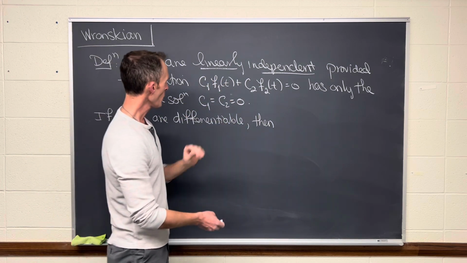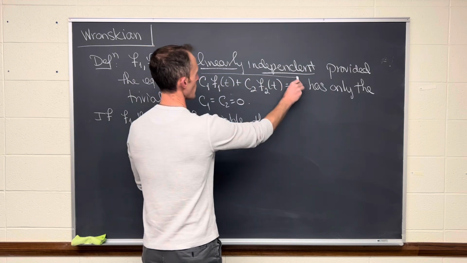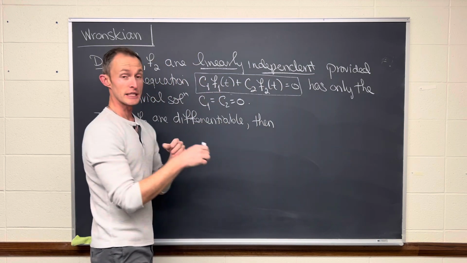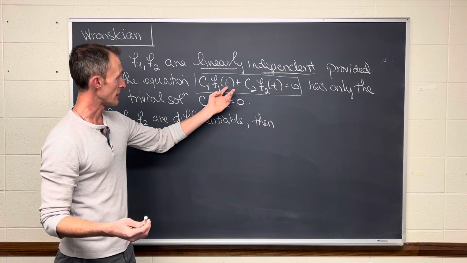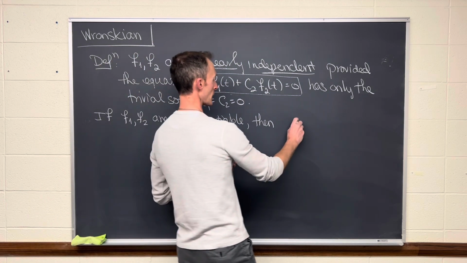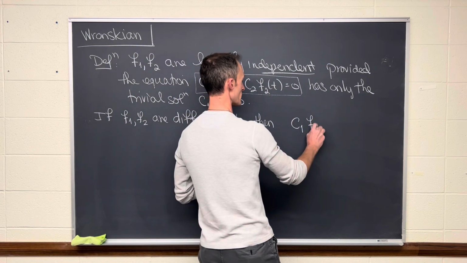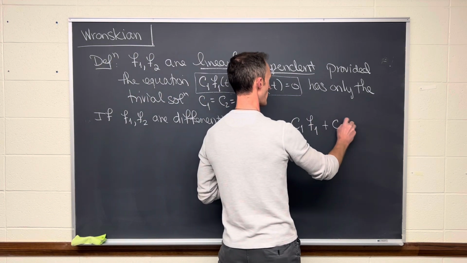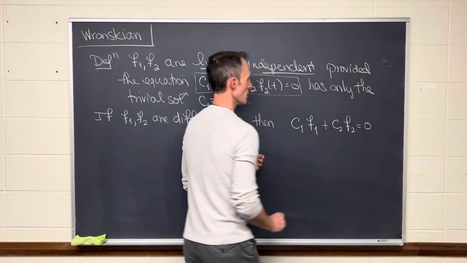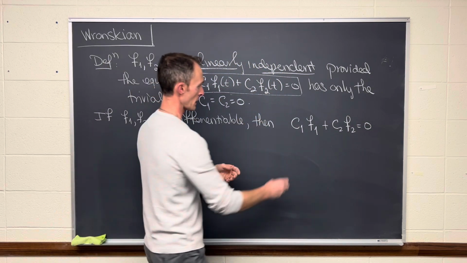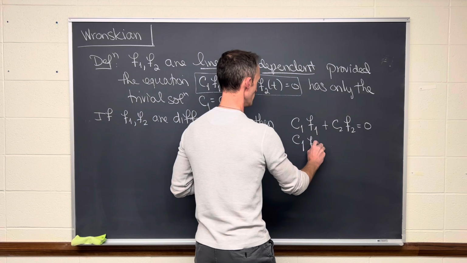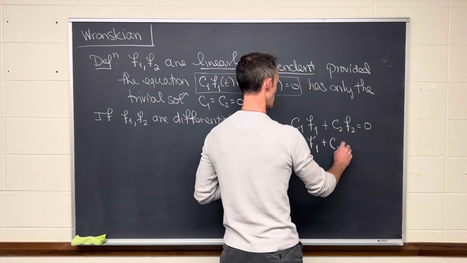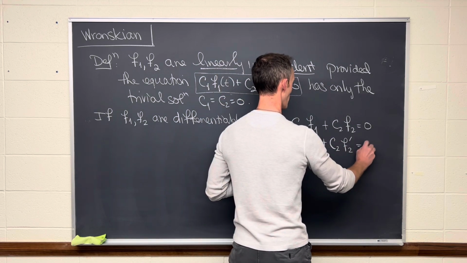If I take this equation right here and simply differentiate it with respect to the independent variable t, what am I going to get? The first equation will be c1 f1 plus c2 f2 equals 0. But if I differentiate, I get c1 f1 prime plus c2 f2 prime also equals 0.